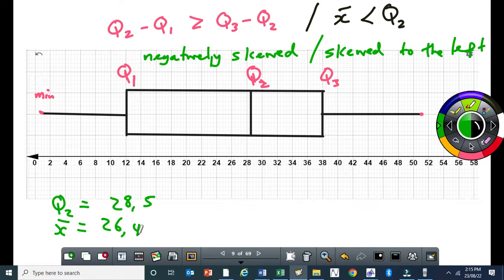I'm sure you can see here that the mean is less than the median. Therefore, the data set is negatively skewed. Also, the distance between Q1 and Q2 is longer than Q2 and Q3. Therefore, the data set is negatively skewed, or you can say it is skewed to the left. Okay? Are you following?